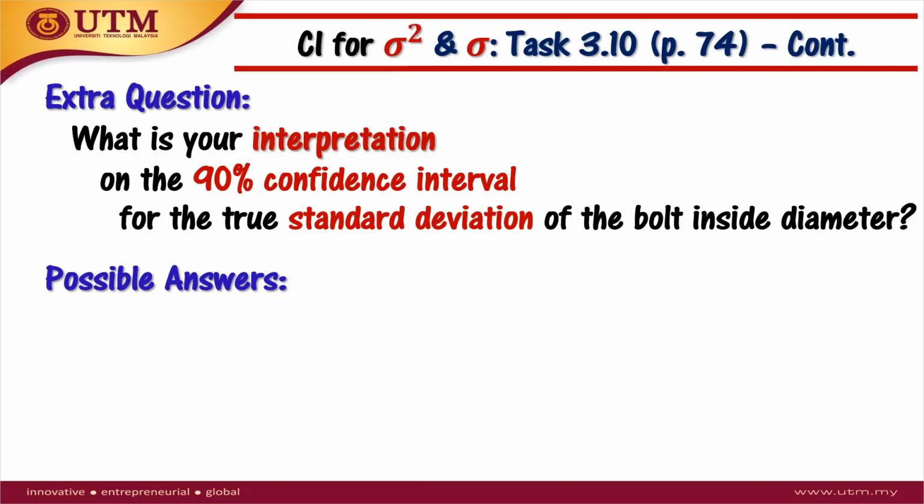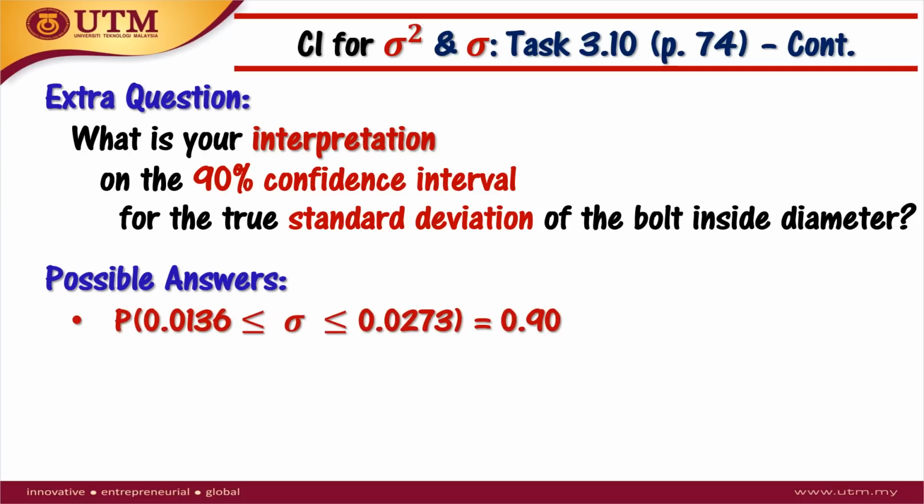Two possible answers to this question are, first, you may say that the probability that the interval 0.0136 and 0.0273 may contain the true sigma value is 0.9.